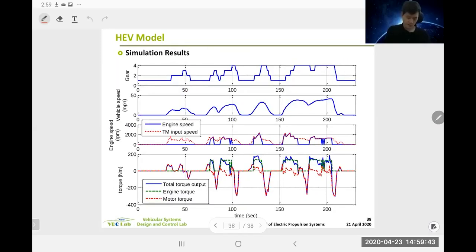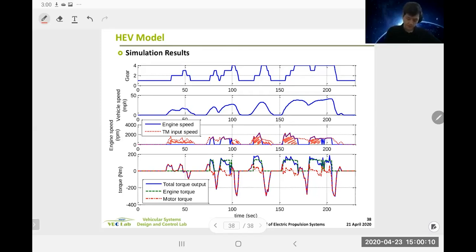Here you can see how engine and motor are blending their torque. This is engine on, and this is engine off.